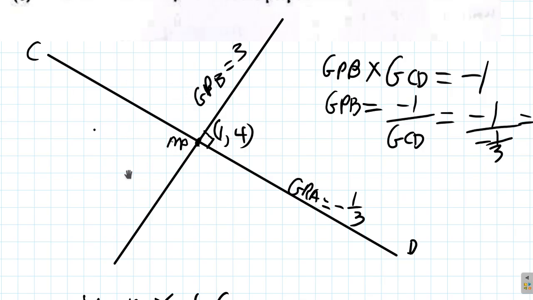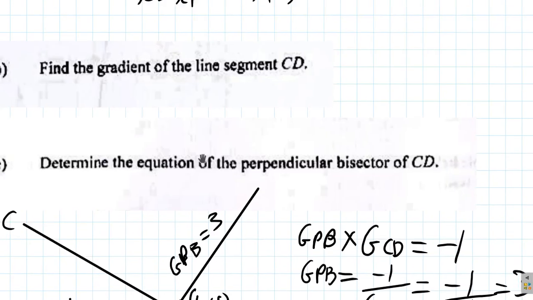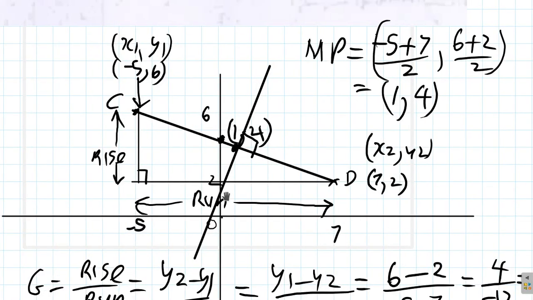So if it passes through 0, 1, what would it look like? Somewhat like this. I have to drag it down. Probably looks like that.